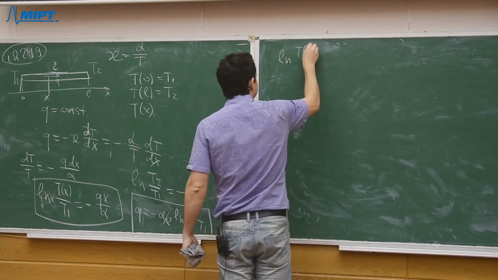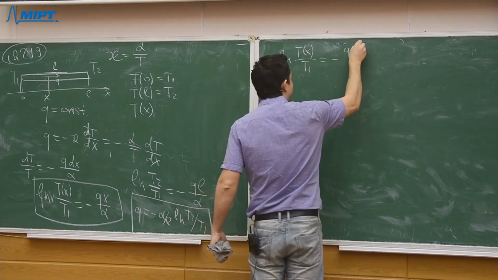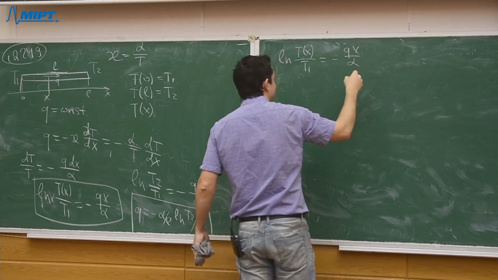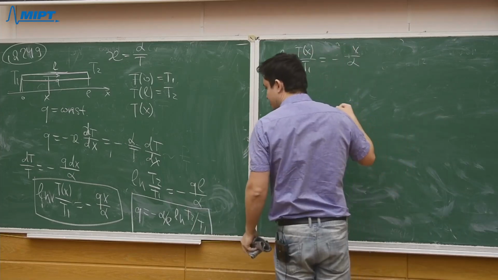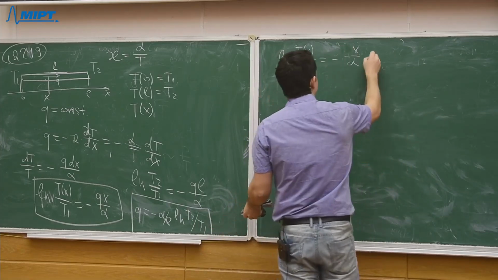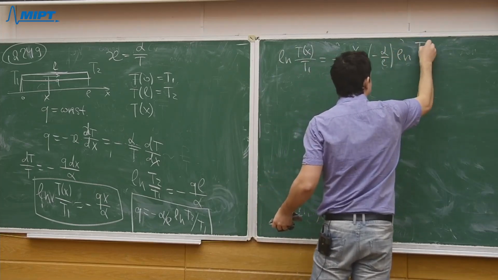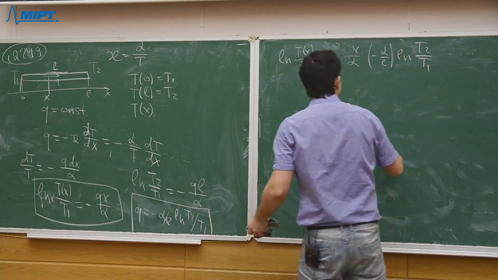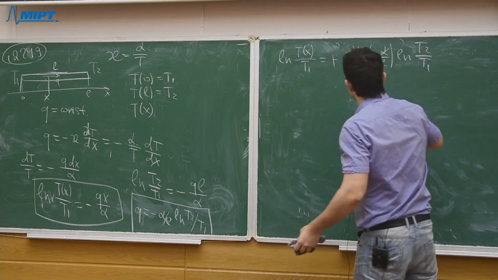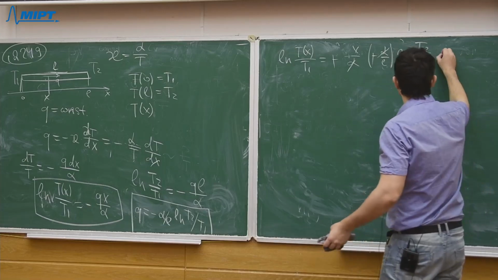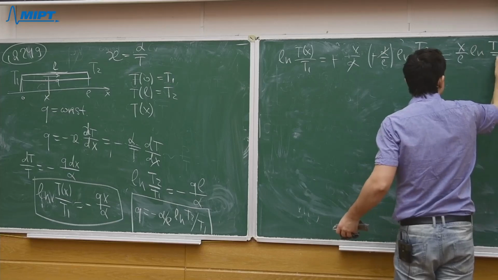The logarithm of T of x over T1 is minus Qx over alpha. Okay, and instead of Q, we can write that this is minus alpha over L times natural log of T2 over T1. Then alpha gets eliminated from here. Minus by minus gives me plus. So altogether I have x over L times logarithm of T2 over T1.